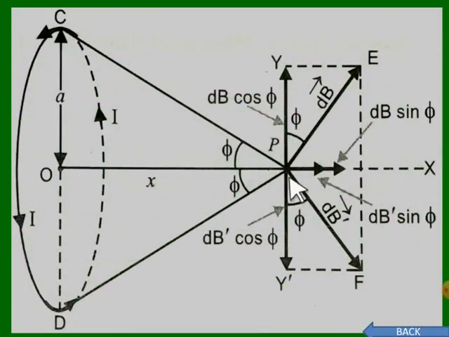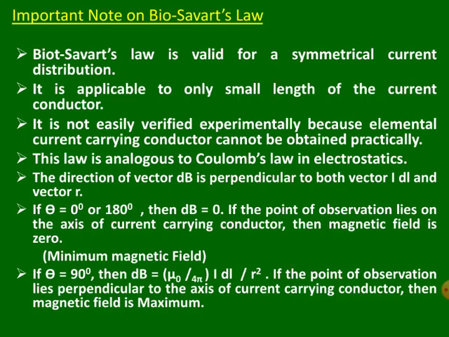Let me come to that again. If you do this resolution, this splitting of the dB vector, then you will get the vertical component and the horizontal component like this. These two vertical components will cancel each other, and only the horizontal component exists. Sorry, I have not given the hyperlink.